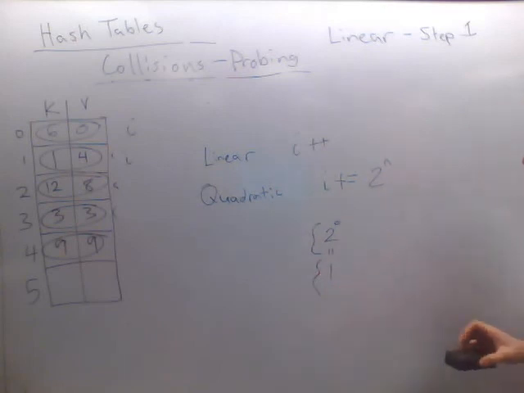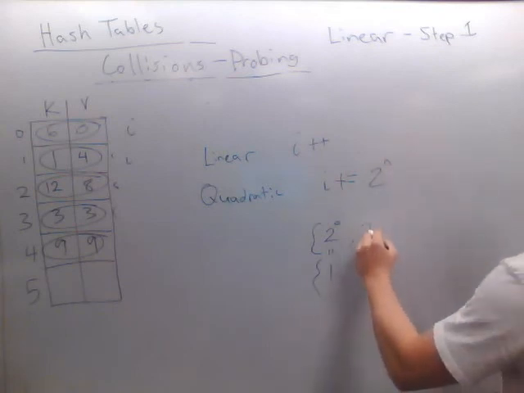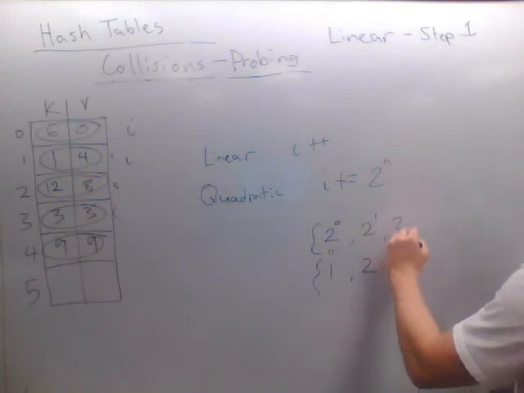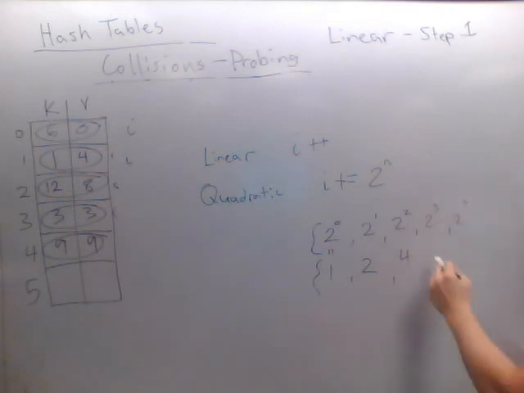So the current index plus 1. 2 to the first is 2. 2 to the second is 4. 2 to the third is 8, then 16. You guys know your powers of 2.